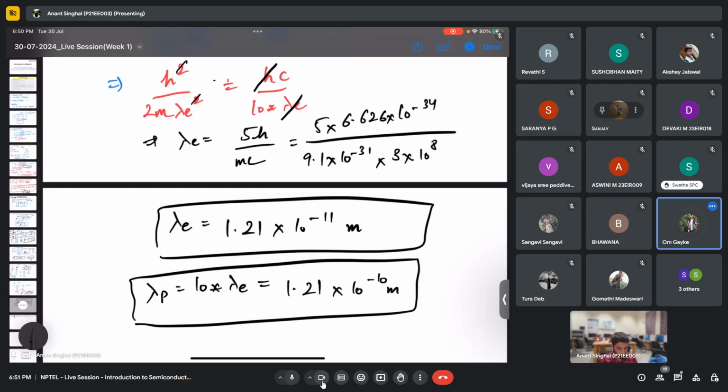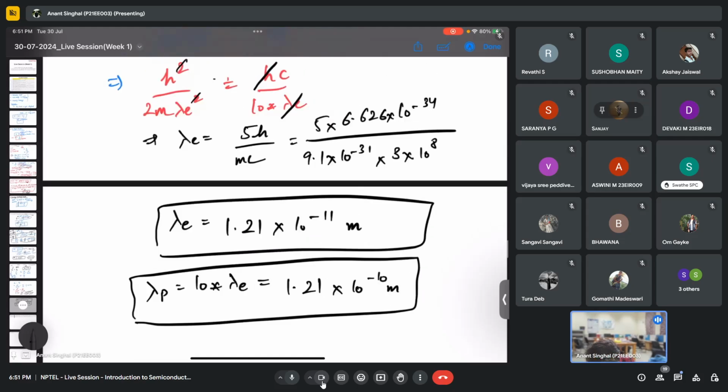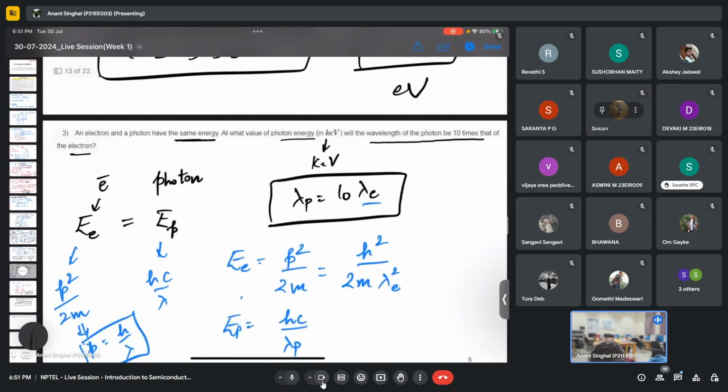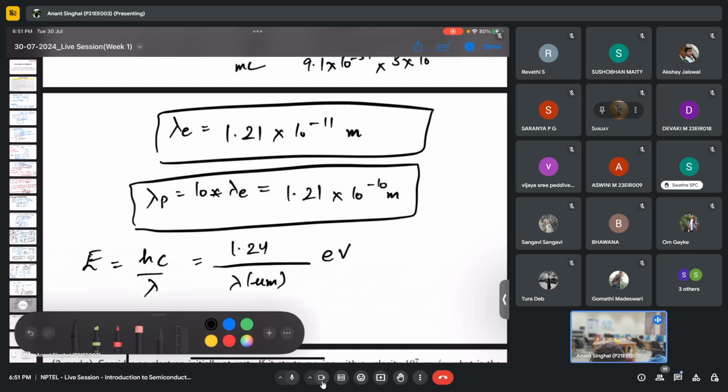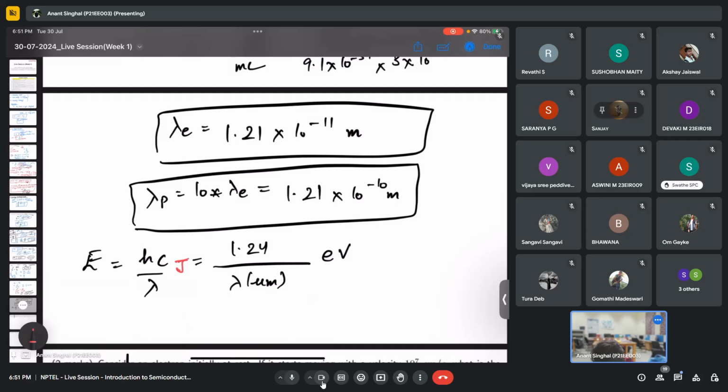Now we need to find that energy in kilo electron volts. This is very easy. Now this will be hc by lambda. I guess there might be a shortcut that should have been told to you in the classes: 1.24 divided by lambda if we write it in micrometer. This will give the direct electron volt relation. Otherwise this relation will come out in joules.